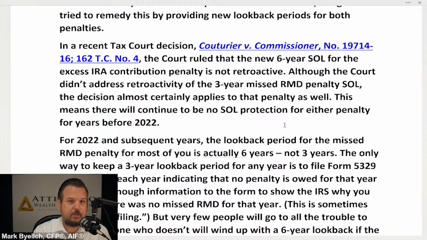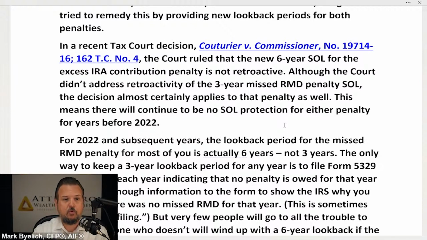But I love reading these court cases and these court decisions. As an example, in a recent tax court decision, Courtier versus Commissioner, the court ruled that the new 6-year SOL for the excess IRA contribution penalty is not retroactive. Although the court didn't address retroactivity of the 3-year missed RMD penalty SOL, again, statute of limitation, the decision also almost certainly applies to that penalty as well.